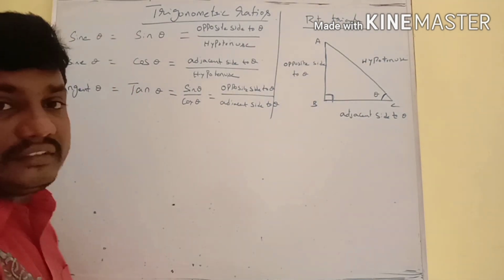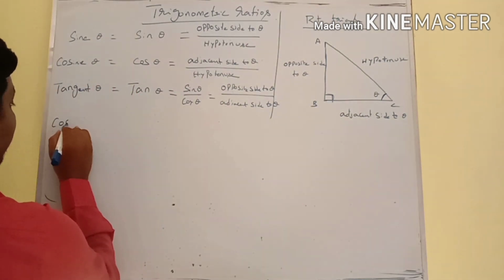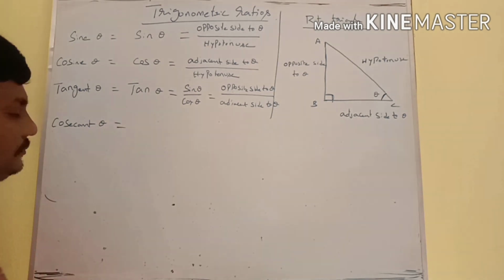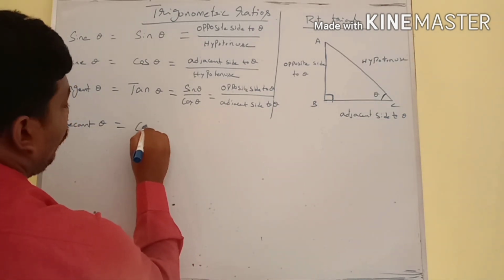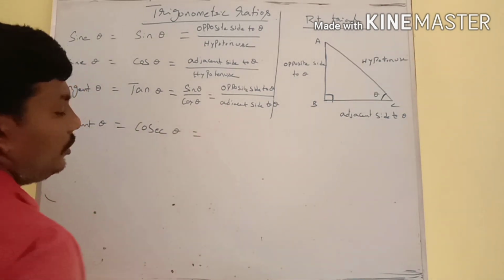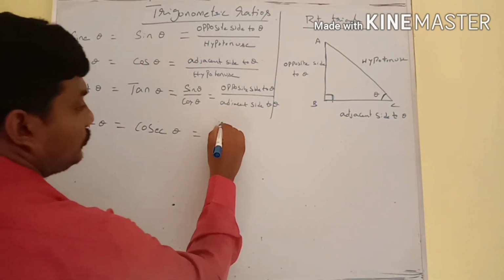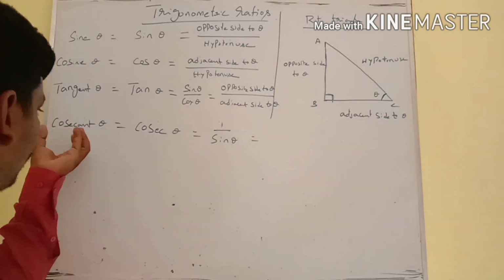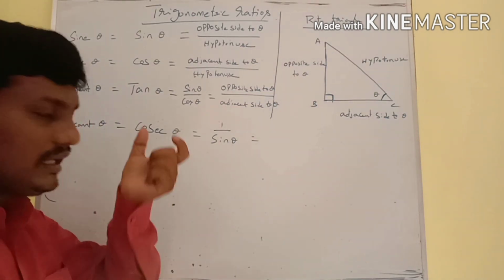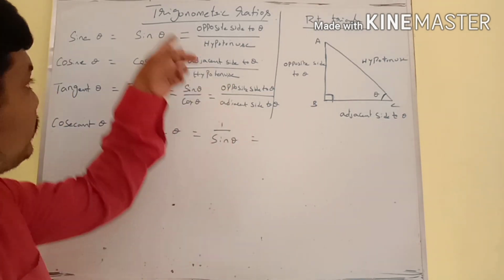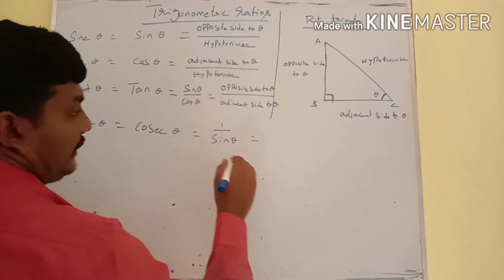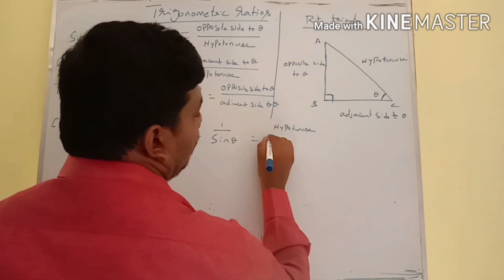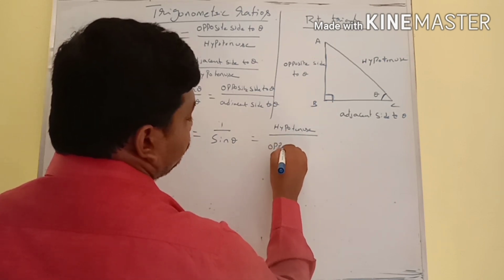The reciprocal of sin theta is called cosecant theta, abbreviated as cosec theta, which is 1 by sin theta. 1 by sin theta can be written as hypotenuse by opposite side to theta.